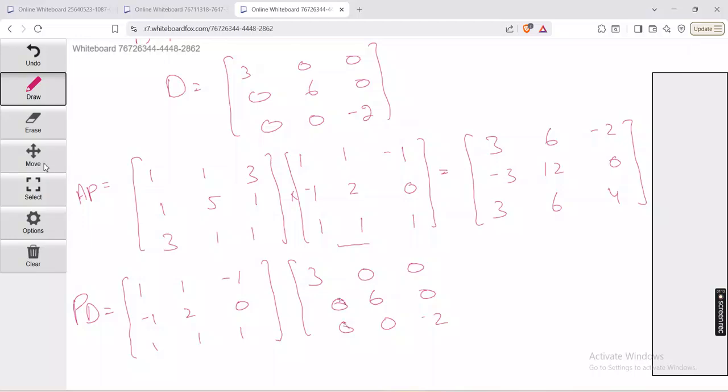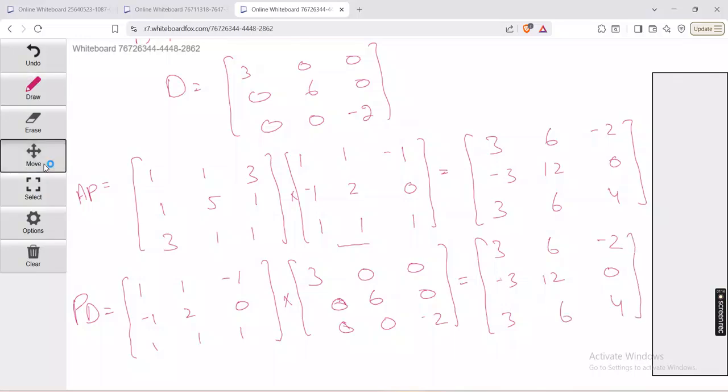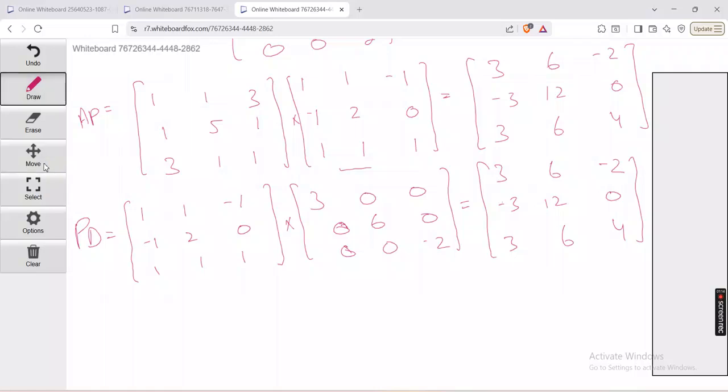These are 0, don't make them 6. Multiply them and add them, and you will get the same matrix: 3, 6, -2, -3, 12, 0, and 3, 6, 4. So which means AP is equal to PD, and this is your answer.